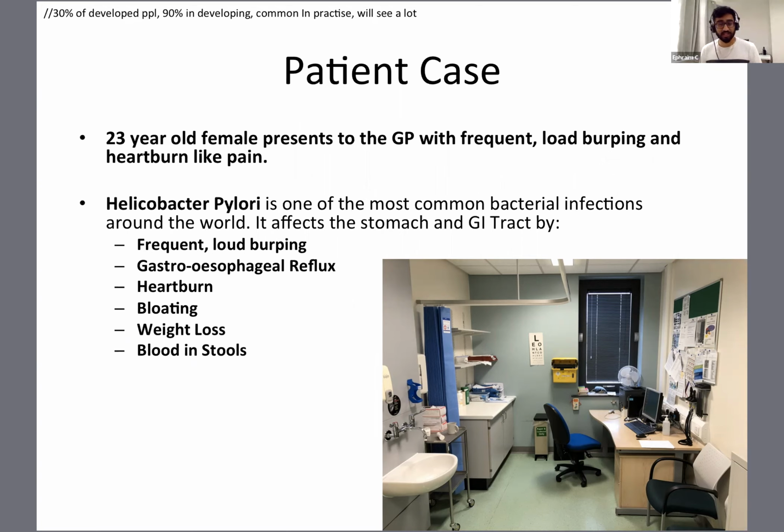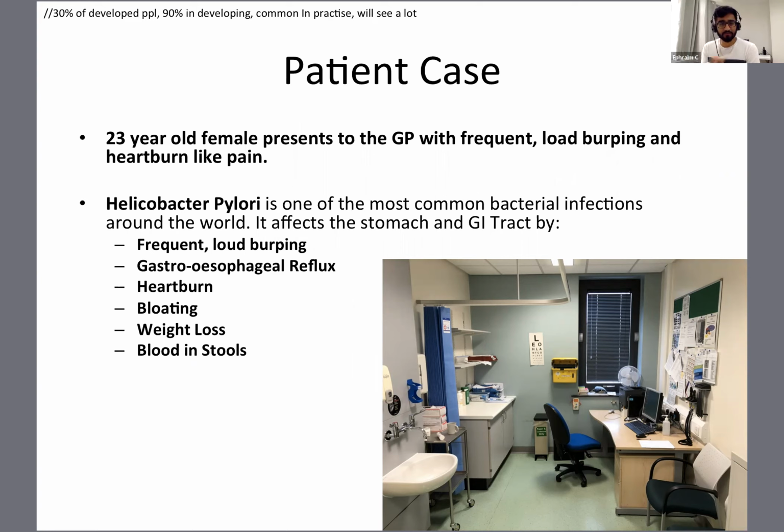And as a clinician, as a scientist, you'll be aware of common bacterial infections. Okay, and these are really, really classic symptoms of a very specific bacteria that's very prevalent in the UK. And this bacterial species is called Helicobacter pylori, which is the one I told you to remember at the beginning. So Helicobacter pylori, H. pylori, is probably one of the most common bacterial infections around the world.